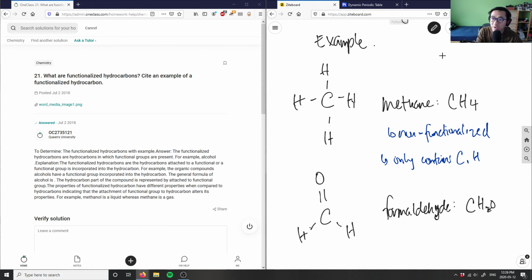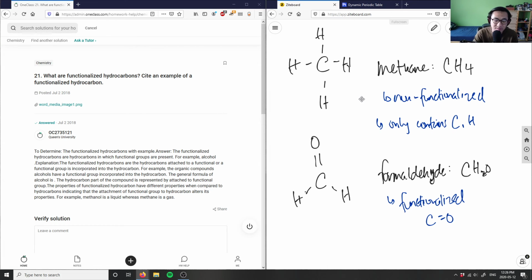So this here is a functionalized group. It's functionalized because I have a functional group, right? And as you can see, the C double bond O here makes it a functional group. I have something that's not only containing carbon and hydrogen. In this case, I have an oxygen, right? So this guy here is my functional group.